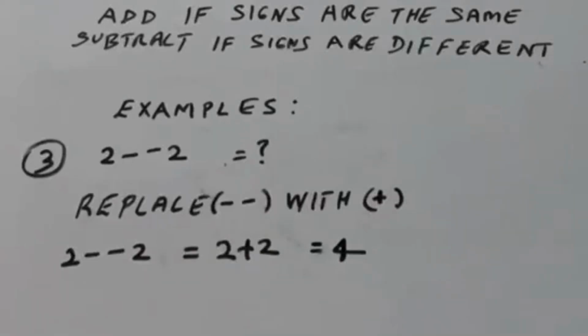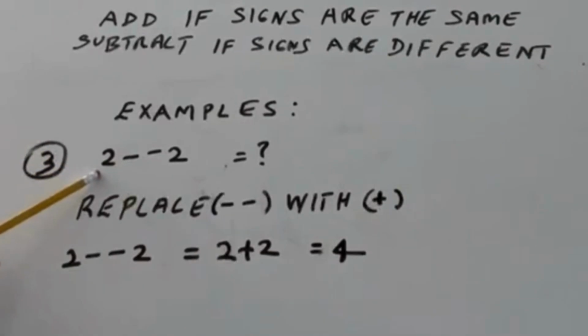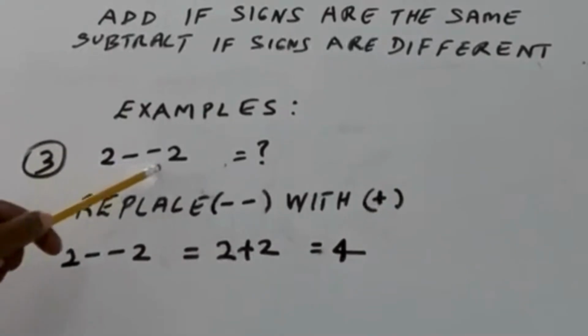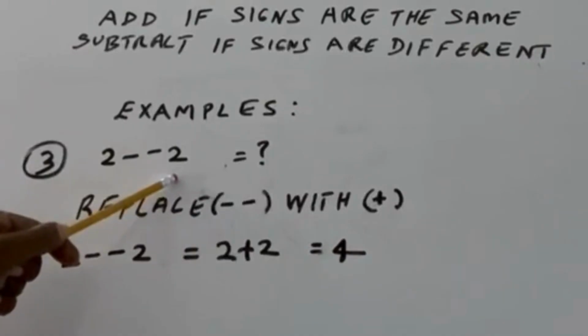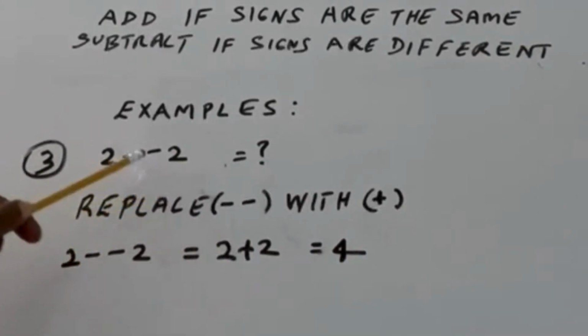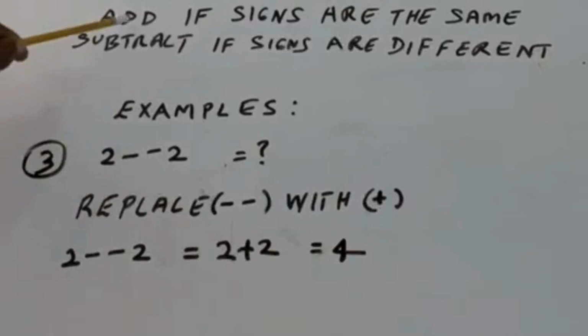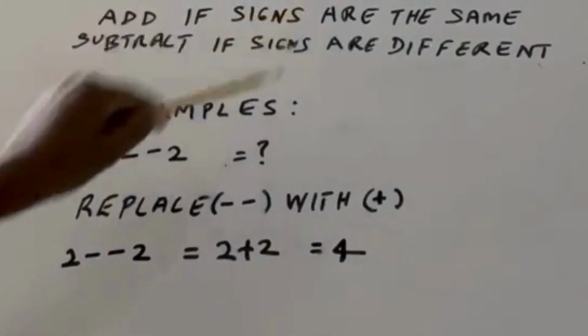Our third example asks us to work out the value of 2 minus negative 2. So going back to our sign rules, this time both signs are the same, both being negative. So we should add if the signs are the same.